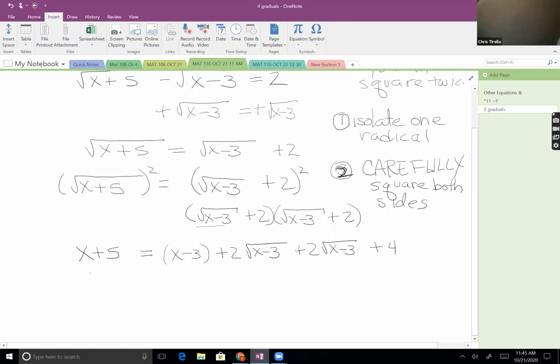So this gives me x plus 5 equals, let's see, x minus 3 plus 4 would be x plus 1. And then 2 times the radical plus 2 times the radical is 4 times the radical. Wow.